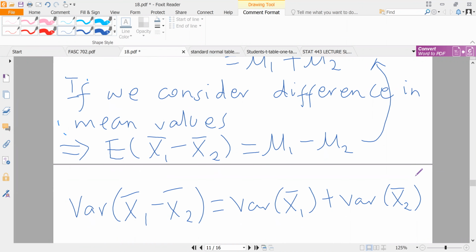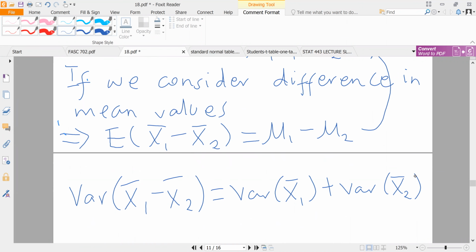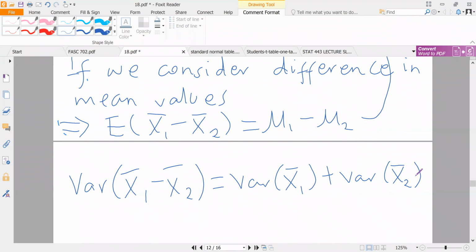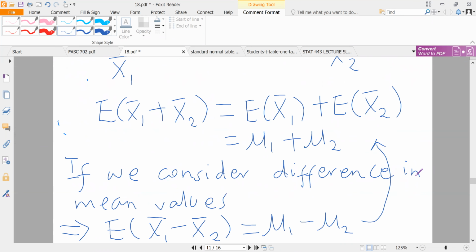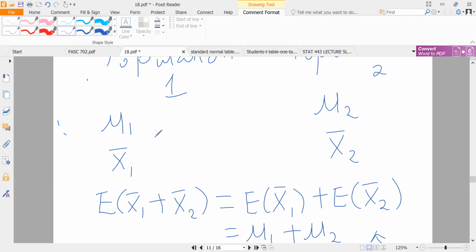It can be proven that the two quantities are equal. So in this case, we know that the variance of x bar 1, because this is population 1, had a mean mu1 and variance sigma squared 1. Population 2 had mean mu2, variance sigma squared 2.